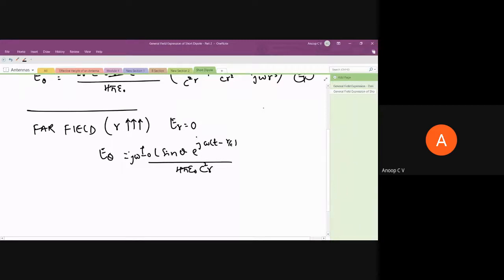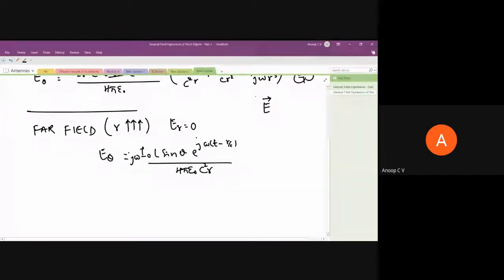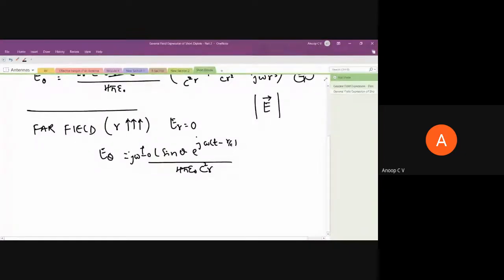What you have to keep in mind is that E itself is a vector, and the magnitude of a vector can be a complex quantity. It can be a phasor. So I want you to keep this in mind: E_theta itself is a phasor.